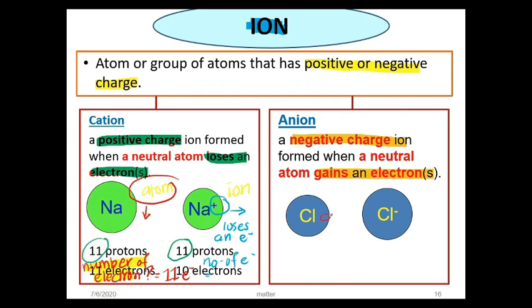For the chlorine atom and the chlorine ion, the number of protons is 17.